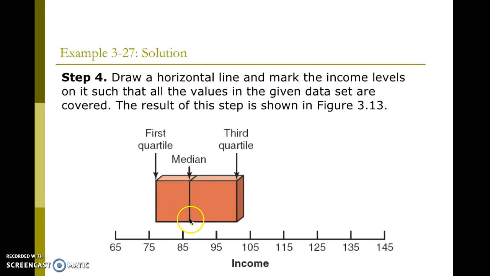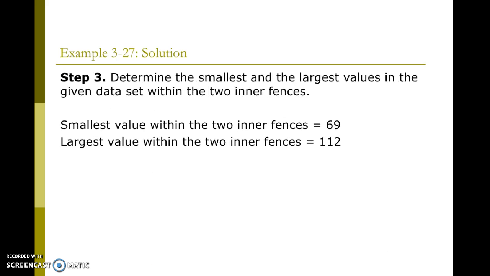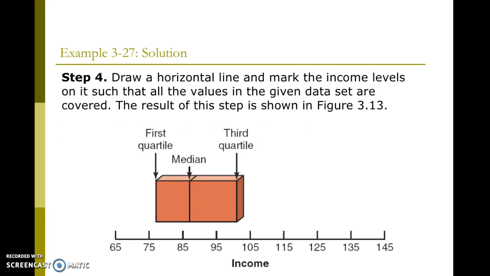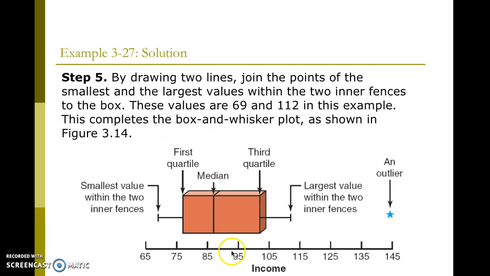We do mark the median in our box. And then we have the third quartile on the right-hand side of the box. Now, the whiskers are going to extend on the low end down to 69 and on the high end up to 112, keeping in mind the inner fences that we talked about earlier.